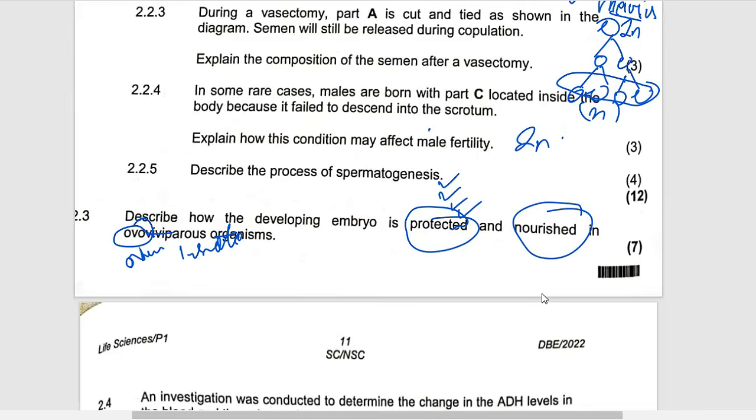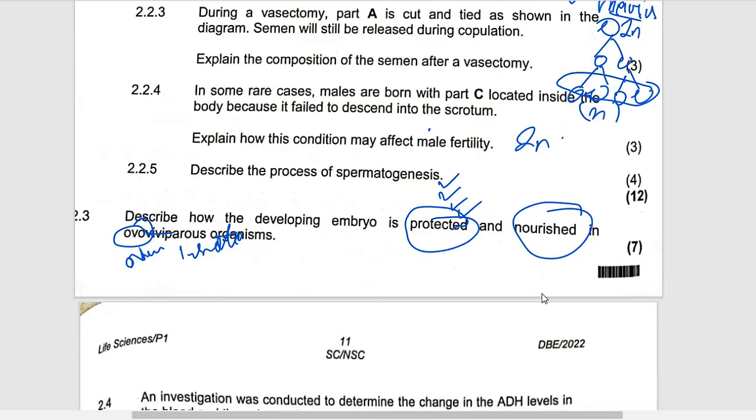Allantois is basically for waste product. You understand? And then you talk about the amniotic fluid, which is very important as a shock absorber. Then you can talk about the shell, which is very important for covering and for protection. These shells have small holes to allow the air to go through.